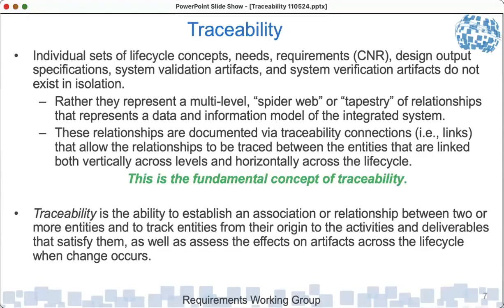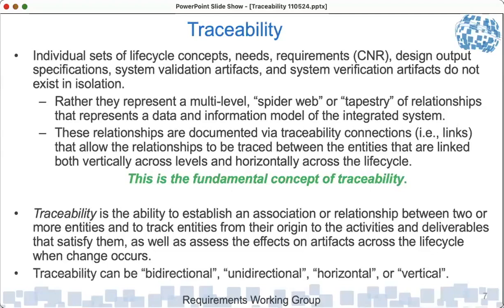And I'll talk about it a little bit later, but a lot of people, especially in the older days and a lot of the classes I taught, I remember traceability was associated with parent-child relationships of requirements. And that's when we really talked about traceability. You notice this is a much broader definition, where we're talking about any of the artifacts, relationships, and traceability being able to document those relationships.